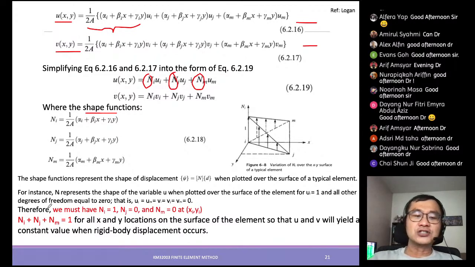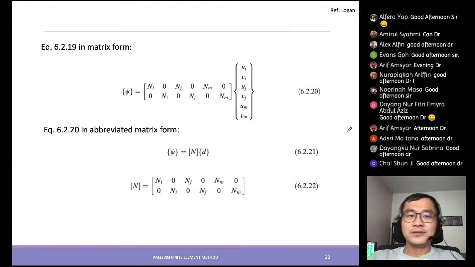Again, the shape function rule is that the summation of all the shape functions over the same element must equal 1, to make sure that when they combine together, the summation of the displacements is proper in the end.